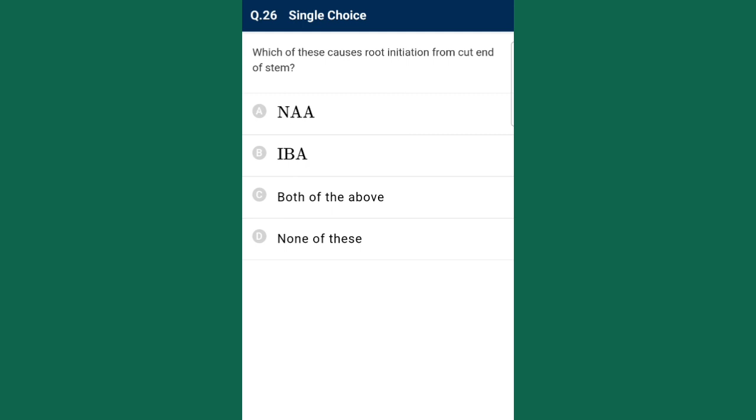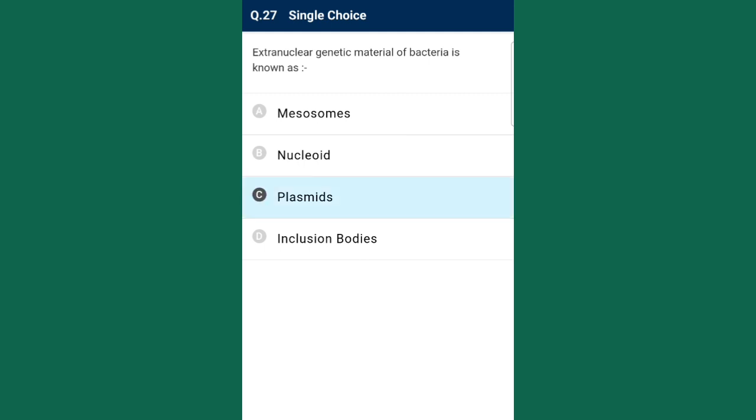So the answer is option C, both of the above. Question number 27. The extranuclear genetic material of bacteria is known as. The cytoplasm of bacterial cell contains an extranuclear genetic material which is called as plasmid. So the answer is option C.